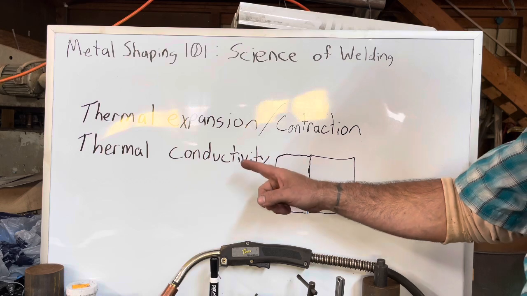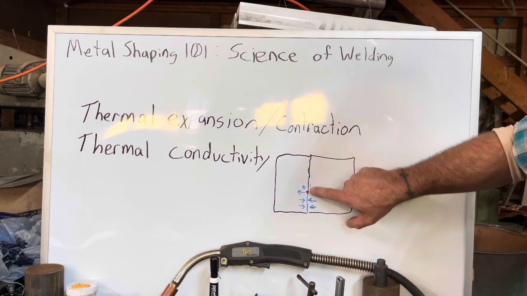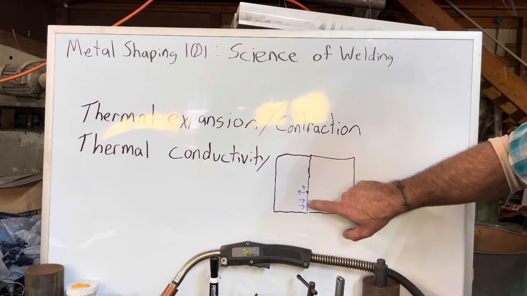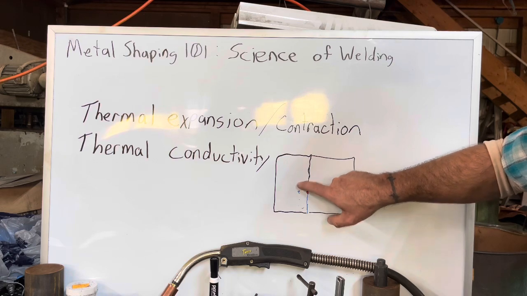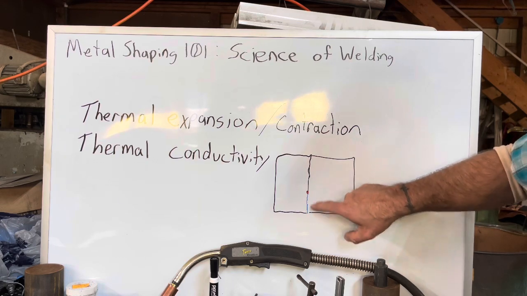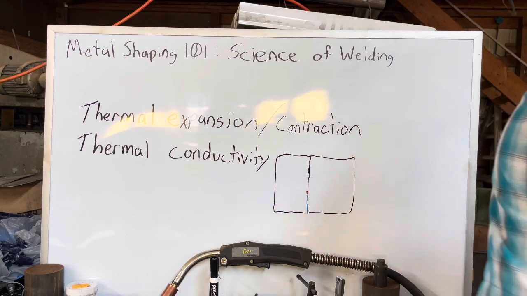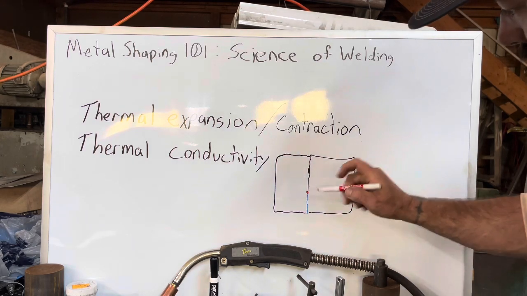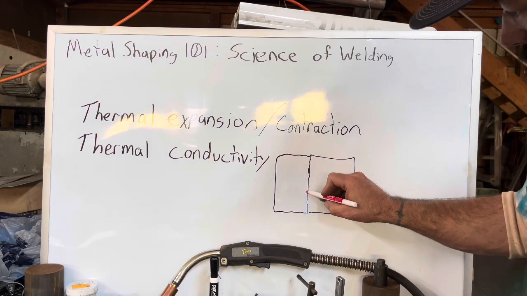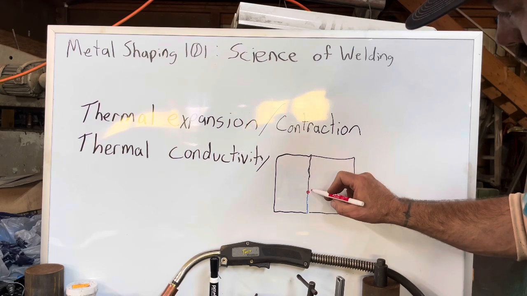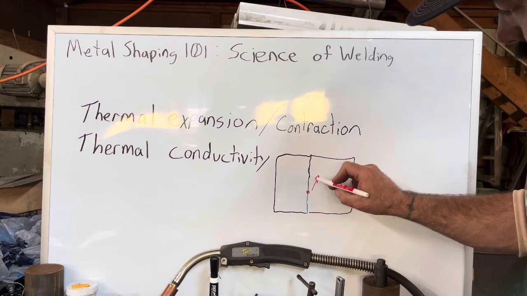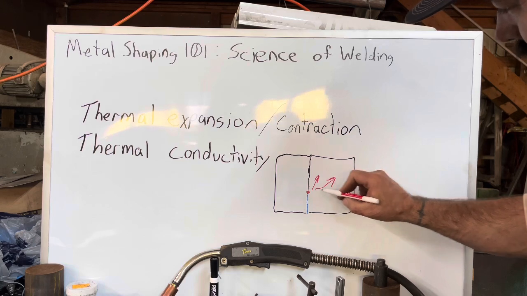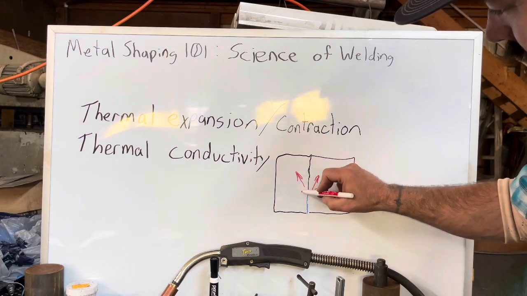Another important consideration is thermal conductivity. So if we think about this piece of material when we start, it's basically all at one temperature. And we're adding heat energy at one point, and that heat energy is being pulled away by the mass of material around it.